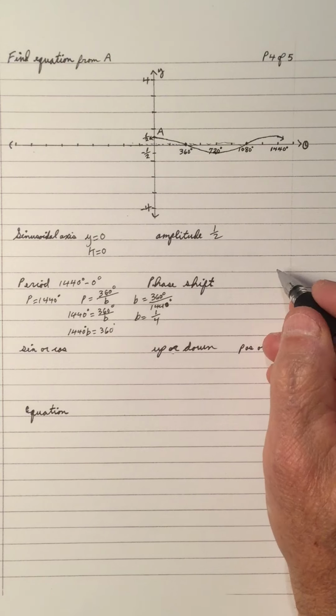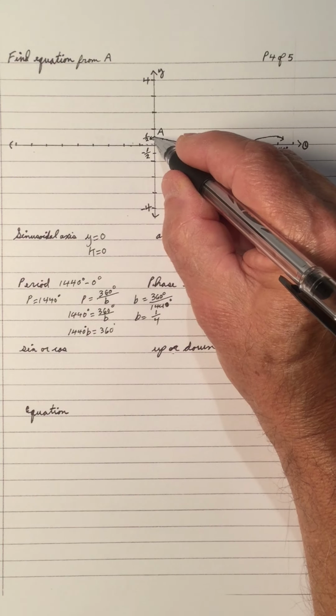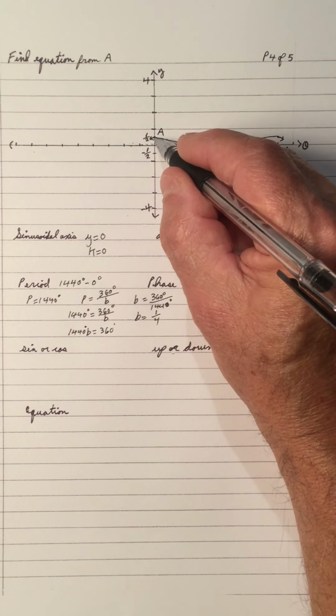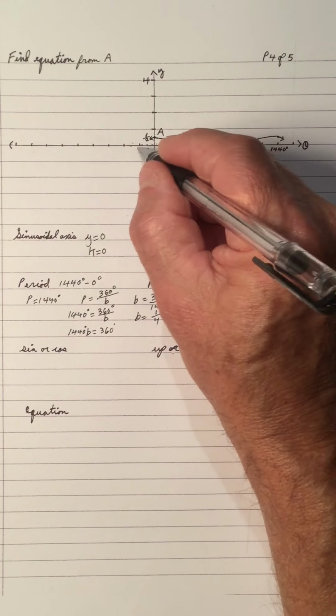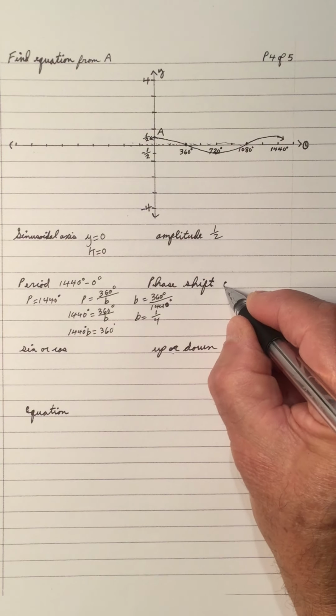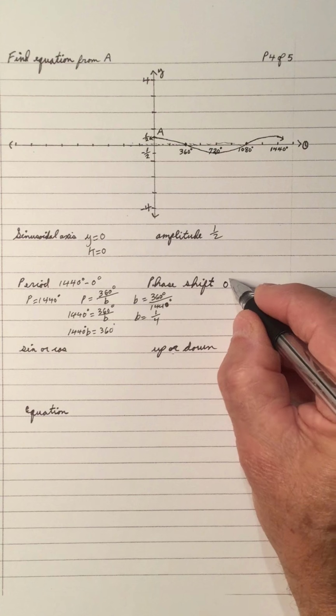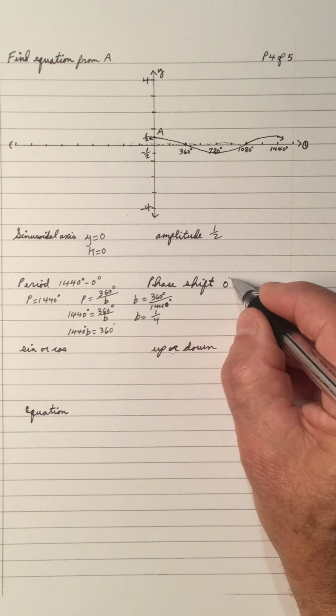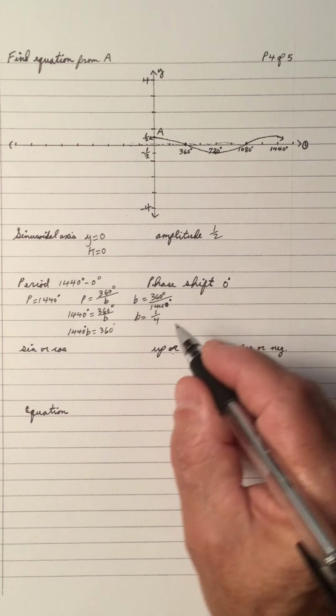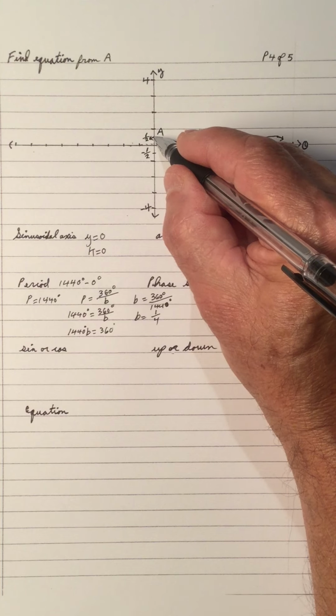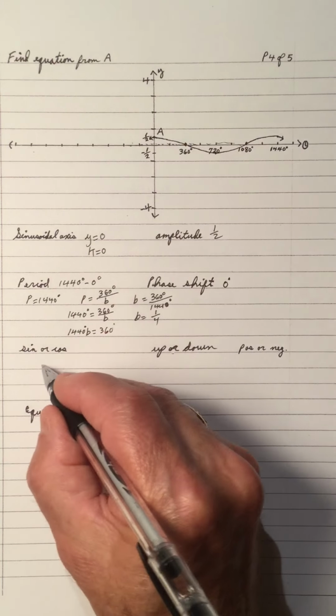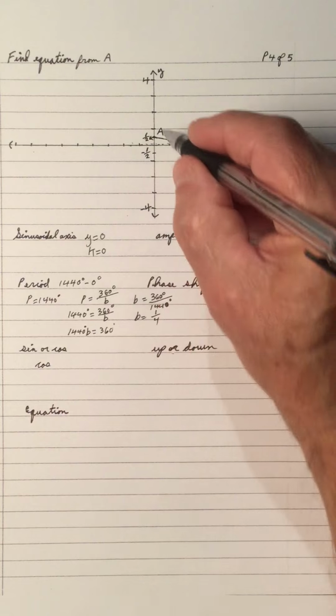1/4. And the phase shift starts at A, so the phase shift is 0, because it's not left or right, so the phase shift is 0 degrees, which is 0. And notice this is starting not on the sinusoidal, so this is a cos graph because it's starting on the max.